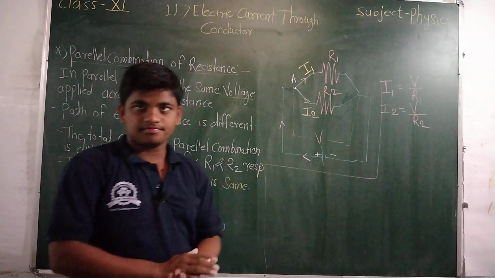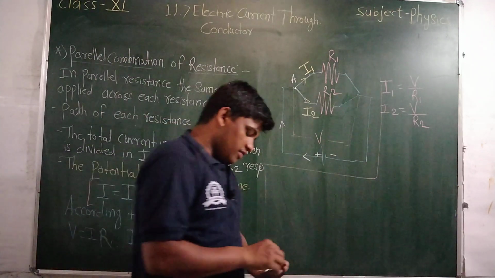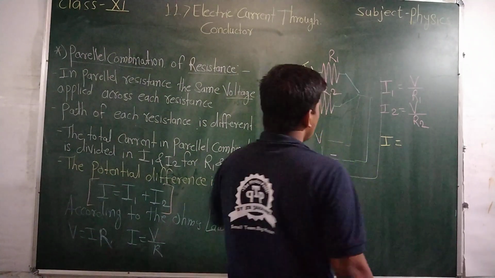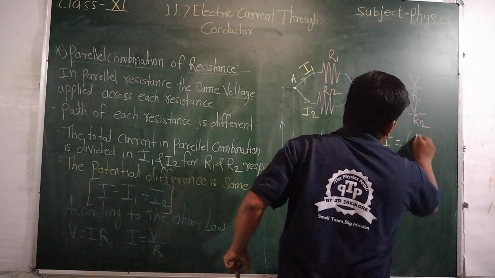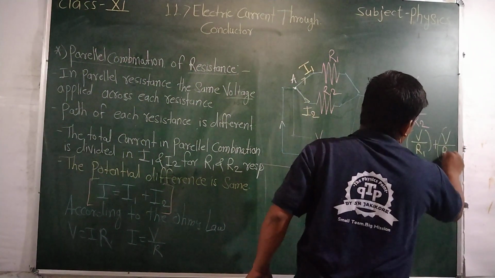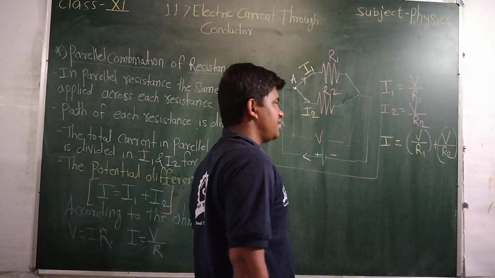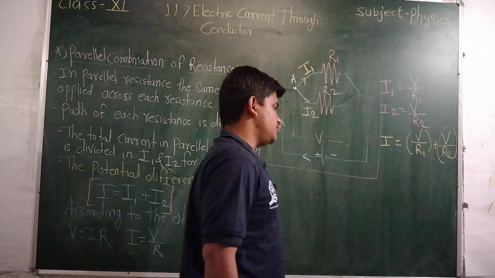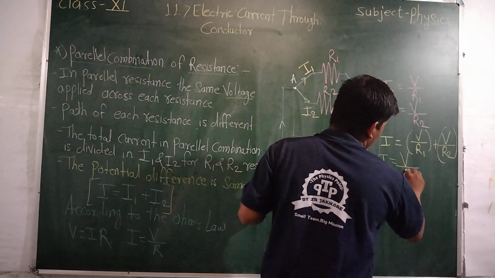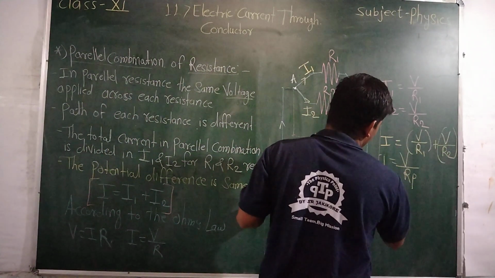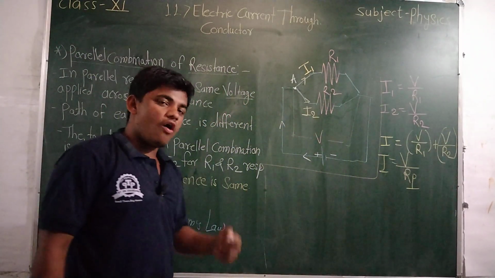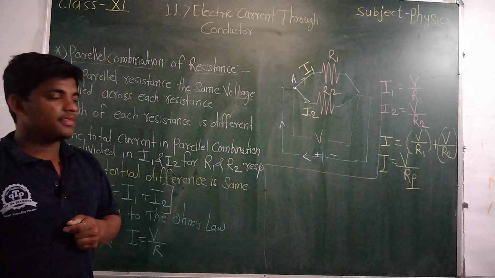Then the total current I is equal to I1 plus I2, that is, V upon R1 plus V upon R2. This is I1 and this is I2. We know that I is equal to V upon RP, where RP is the equivalent resistance for the parallel combination of resistors.